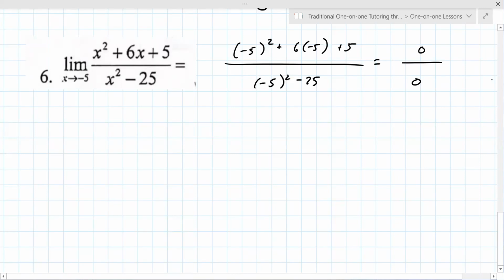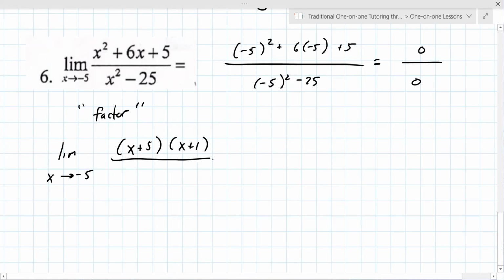So you want to do something, and the something here is you want to factor the top and the bottom. That would be x +5, x -1 over x -5, x +5. The x +5s cancel, and then you go back to trying that again.